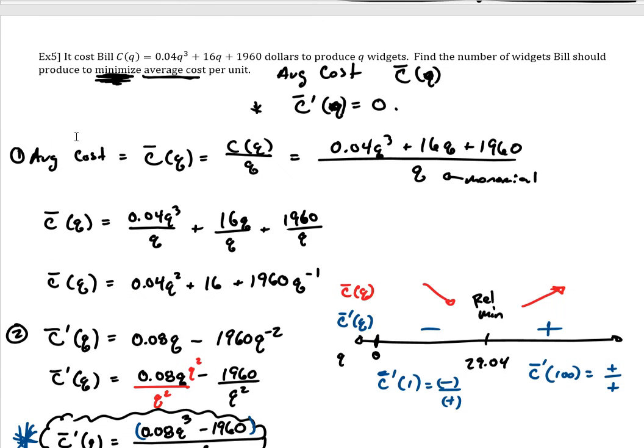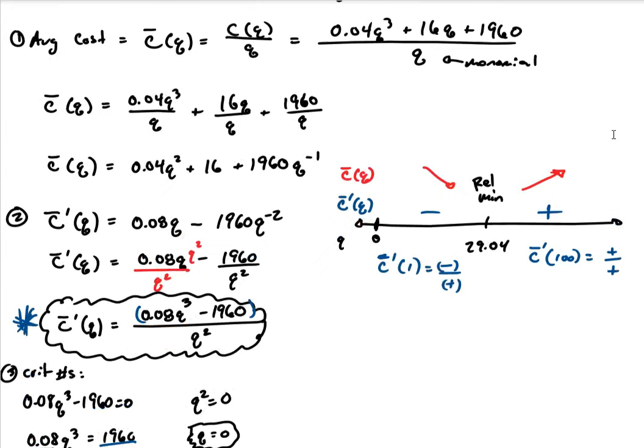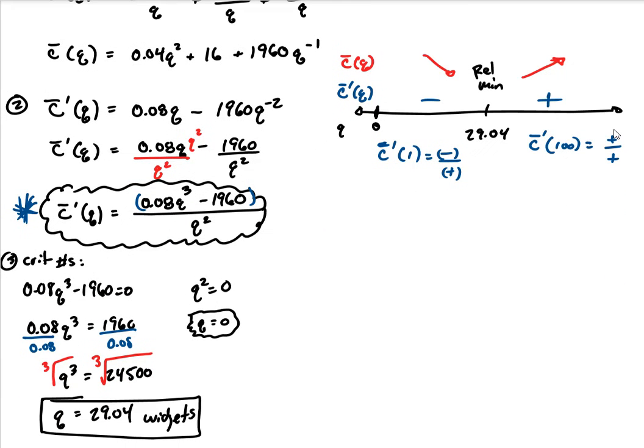Okay, so that's it. It said find the number of widgets Bill should produce to minimize average cost per unit. So if they said no rounding, or at least keep a decimal, we would do this. If we round to the nearest value, then this one should be rounded down, 29.